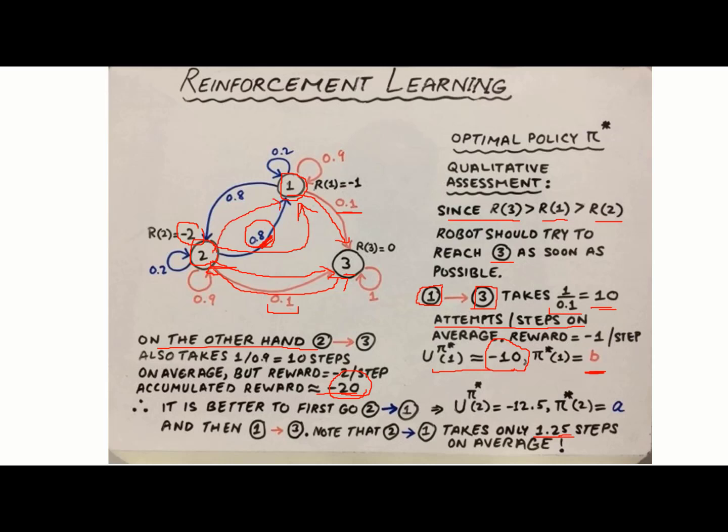And once you are in state 1, as we learned previously, the best bet is to take action B and reach state 3. So that's how the expected utilities make sense. Quite naturally, the expected accumulated reward for state 2 is slightly lower than -10. So it's -12.5 because of the negative expected reward in your effort to go from state 2 to state 1. That's about -2.5 on average.